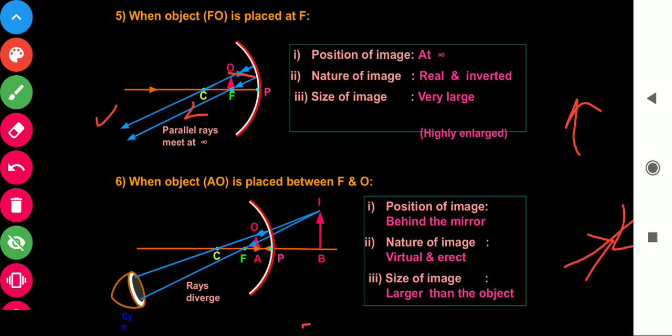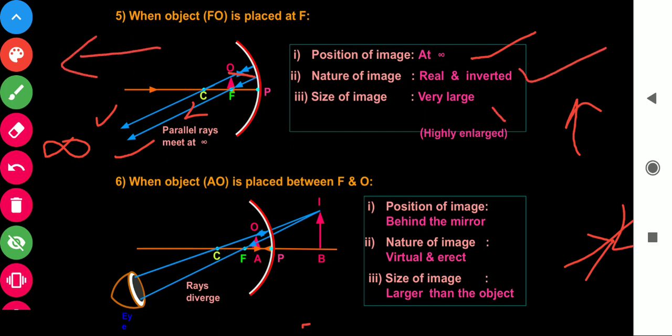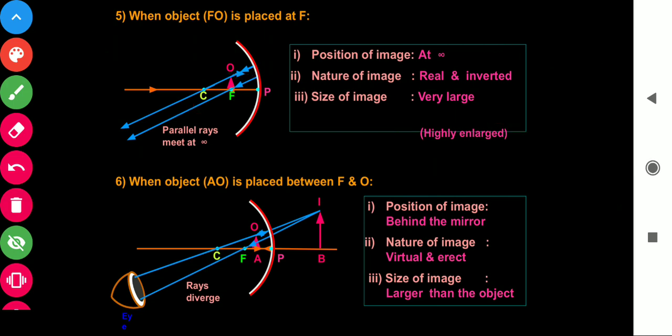You can see both rays are parallel. It means the image is formed at infinity. Position infinity, on this side, that means real and inverted, and it will be very large. We can say enlarged.